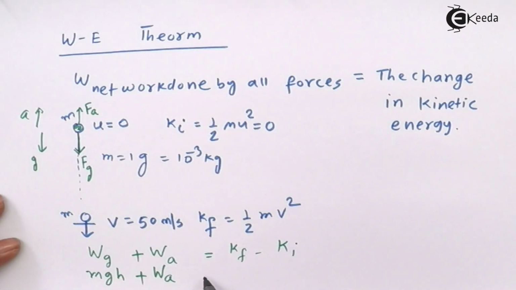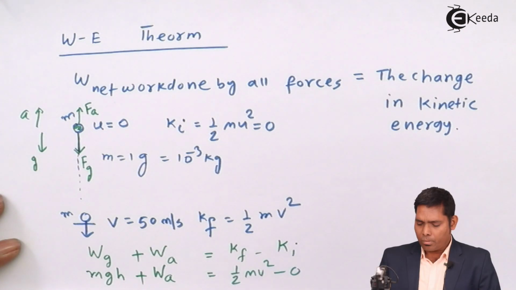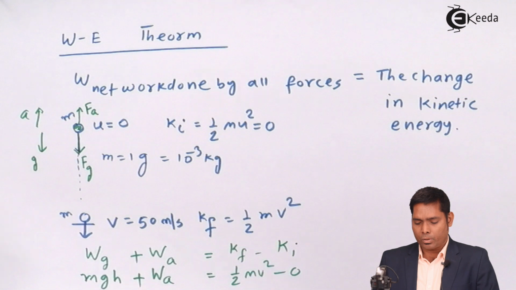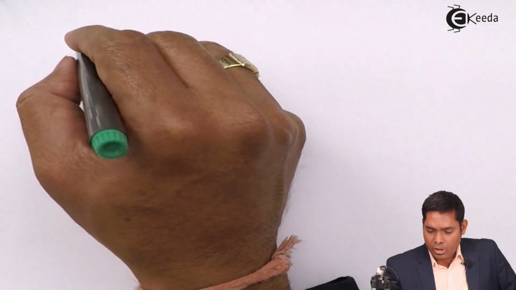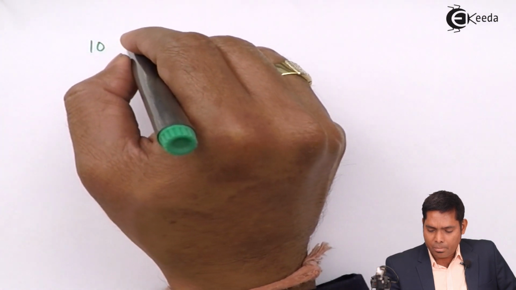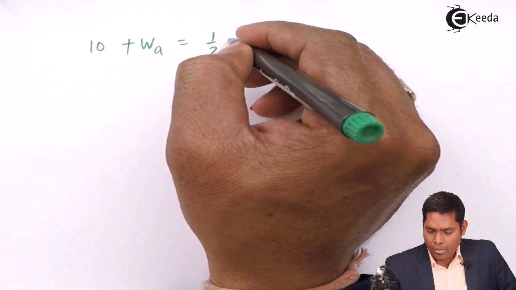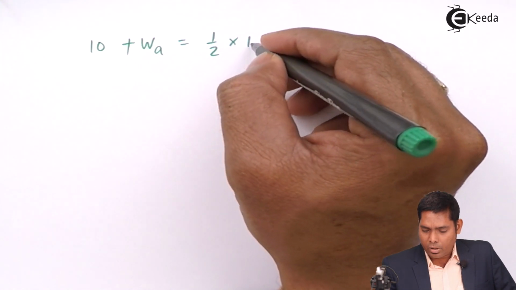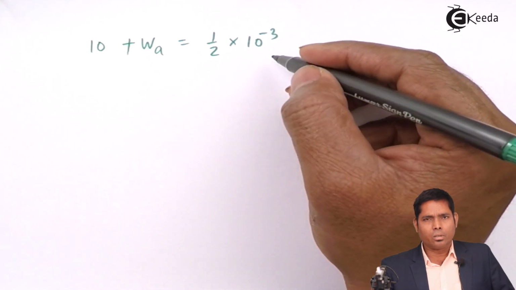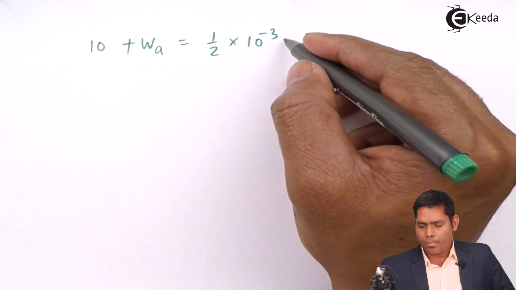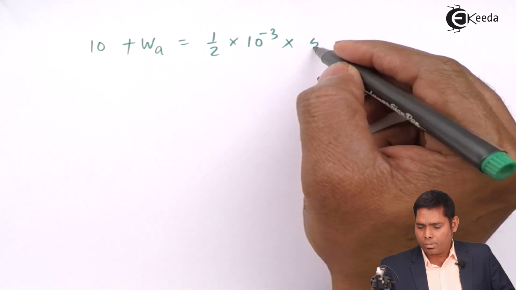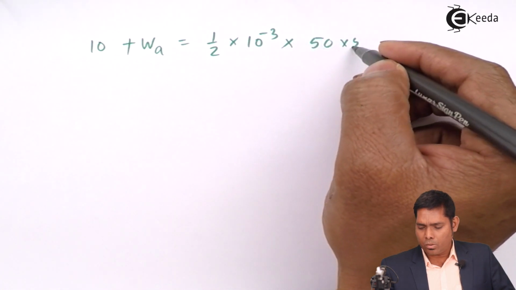Now this is equal to half of mv square minus 0, because initially the drop was being released. Now mgh, that is 10, we have already calculated, plus work done due to air resistance is equal to half mv square, m is 10 raised to minus 3 kilogram, into v square is 50 square, that is 50 into 50.